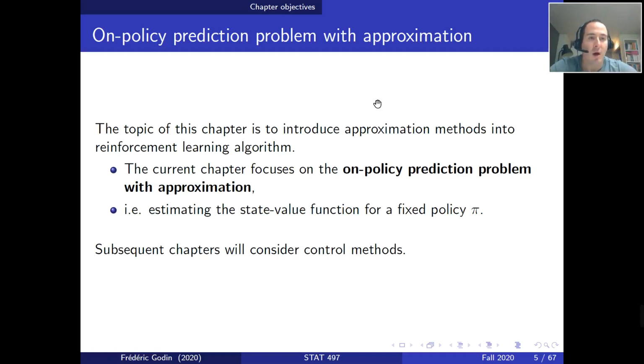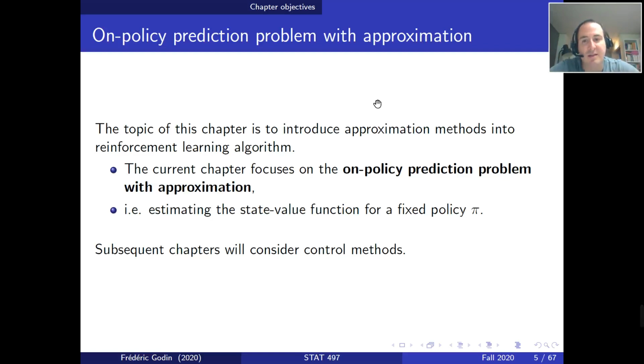Okay, so the algorithms we will present are inspired from what we've done in the previous chapters, but we will slightly modify them to provide them the ability to use function approximation and make them applicable for very large problems.